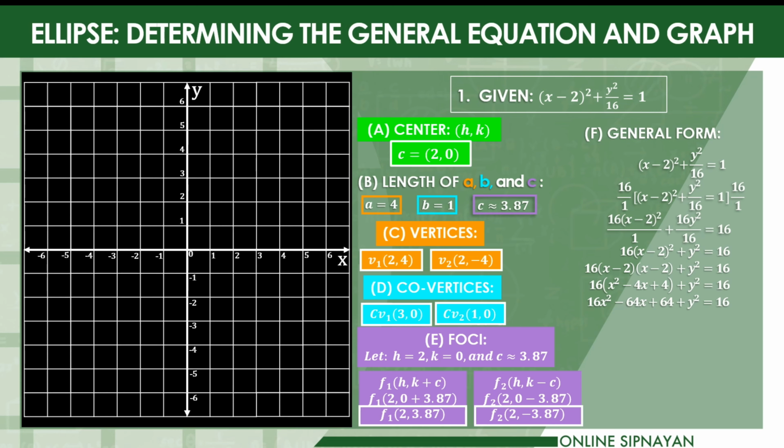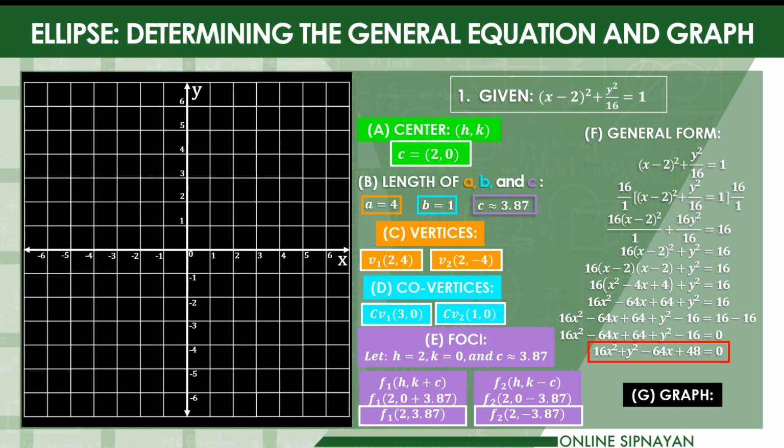So using the addition property of equality, we'll have 16x squared minus 64x plus 64 plus y squared minus 16 is equal to 0. So simplify, we'll have 16x squared plus y squared minus 64x plus 48 is equal to 0. And that is the general form of this example.